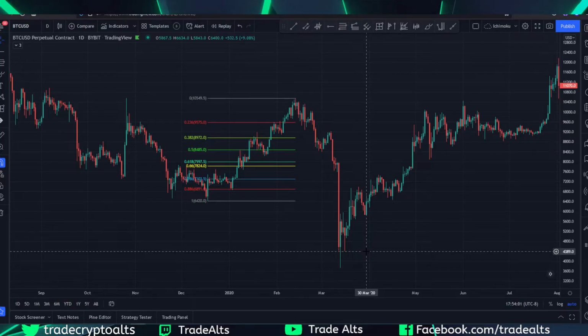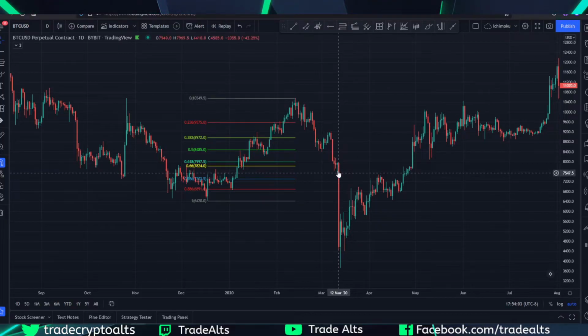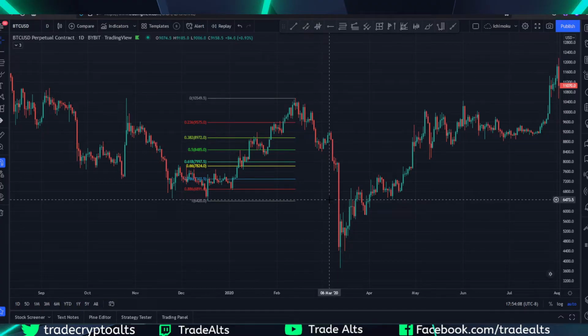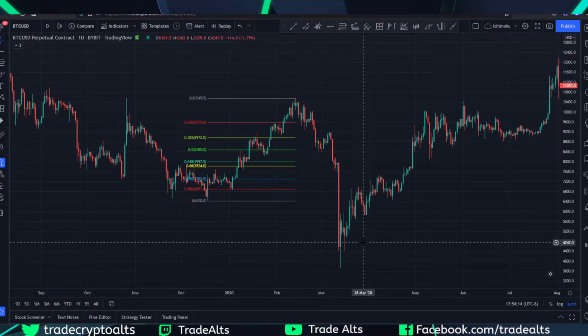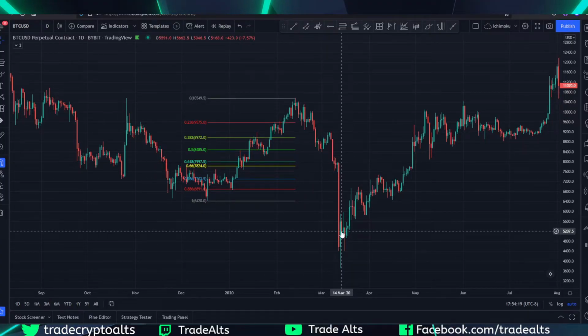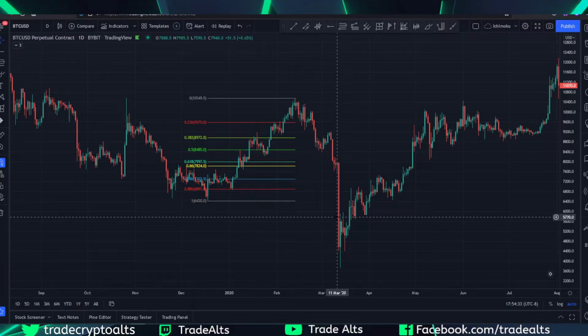For those of you who don't know, the market should be fortunate that BitMEX did what they did and pulled the plug, because if they didn't, Bitcoin probably went a lot lower than this wick would show here. That's why trading this was pretty crazy, because not only do you have the exchange where there's an insane amount of liquidations taking place, there was a lot more that needed to be done, and they ended up pulling the plug.